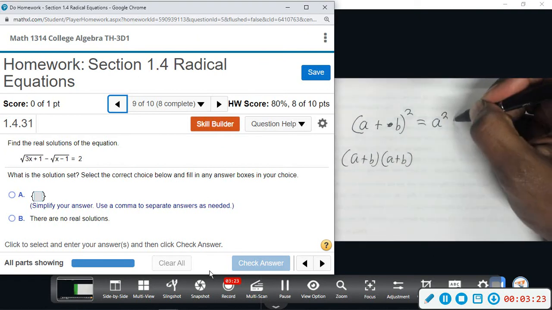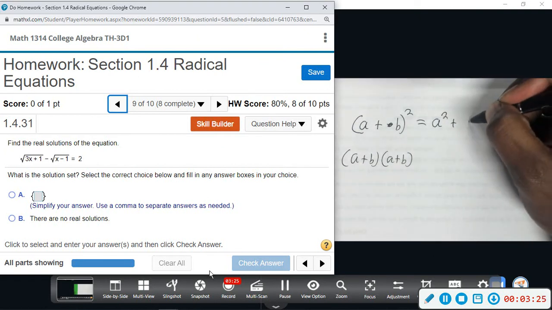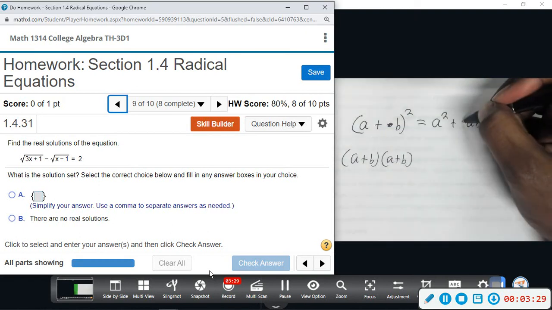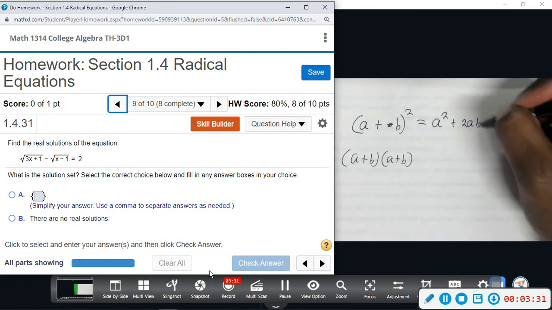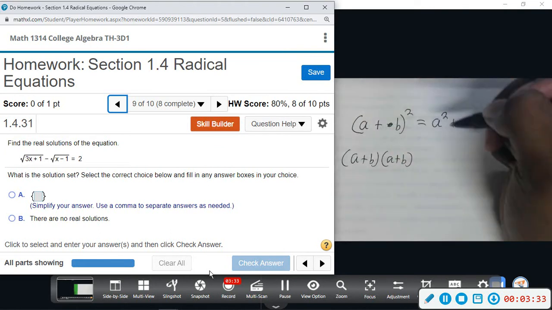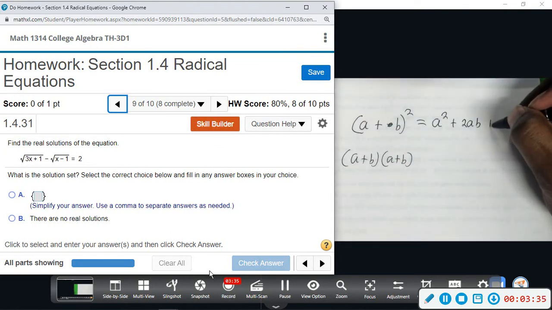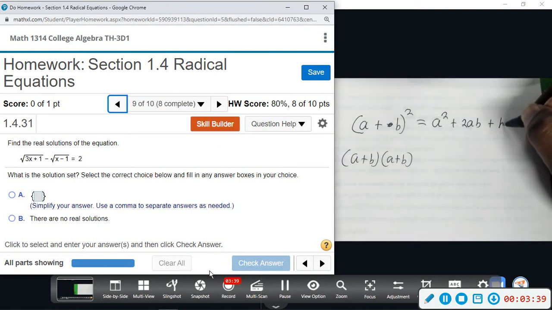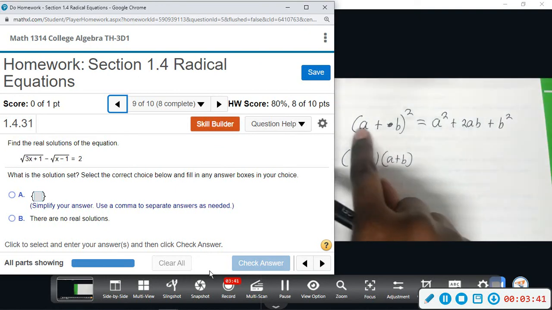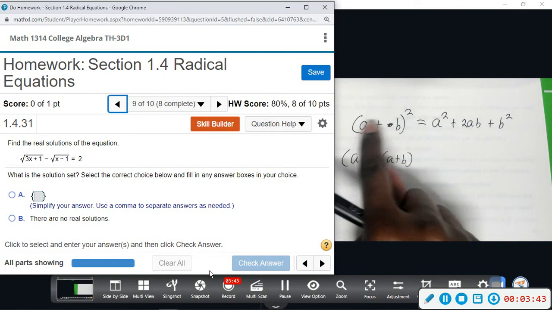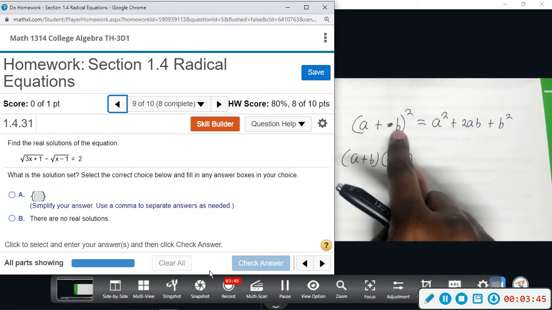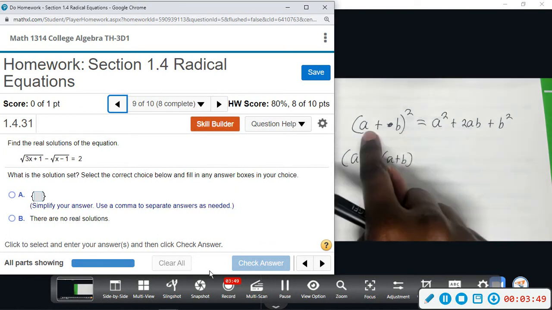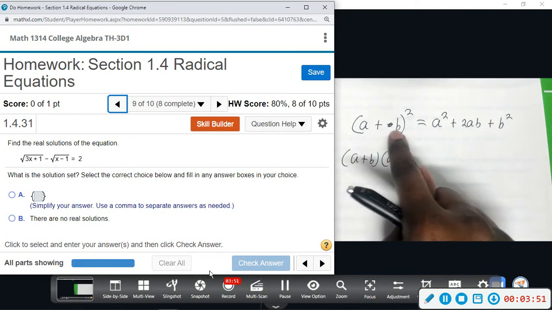So you have plus 2 times whatever you get when you multiply these 2. And then the last term, you would square the last term, so you get b squared. So I'm going to use this shortcut: square, multiply, double, square. Start in the beginning, square it, multiply these and double it, and then square the last term.